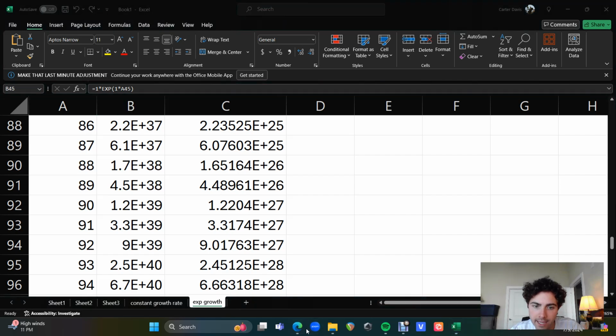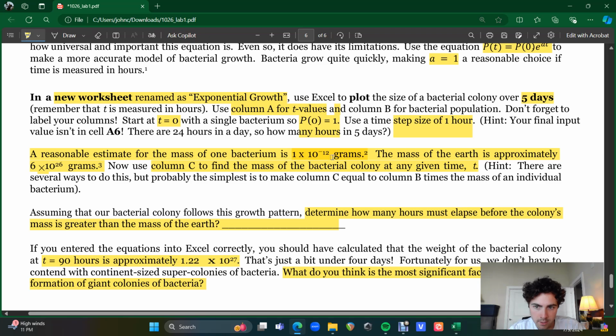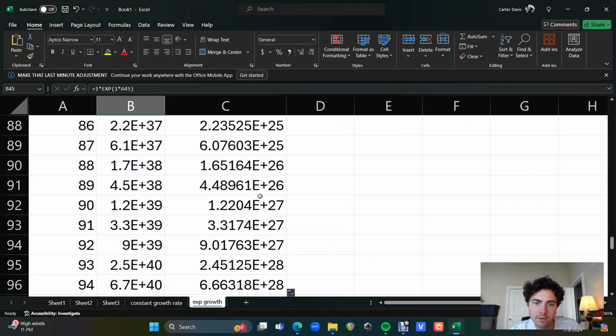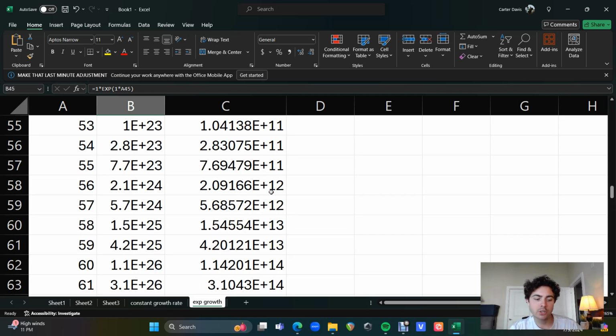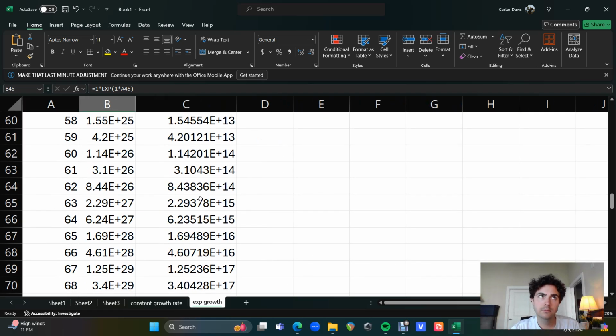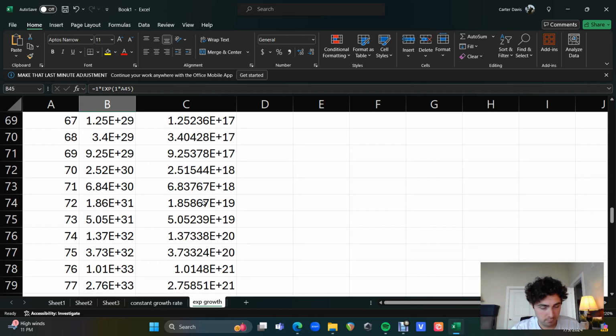So eventually they ask, determine how many years must elapse before the colony's mass is greater than the mass of the Earth. And they told us that the mass of the Earth is 6 times 10 to the 26. So basically we need to find when does this population mass surpass 6 times 10 to the 26.